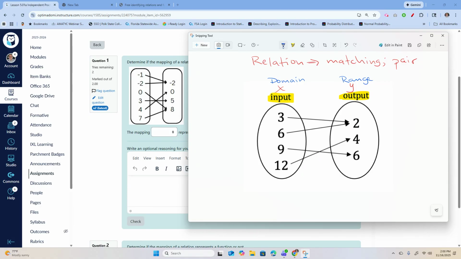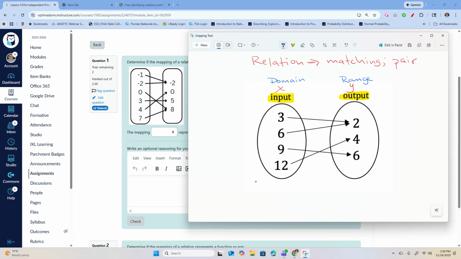And basically, I'm going to pair a number from the X group or the input group with one number of the output group or the Y. And that's why you see those lines. See, I'm pairing the 3 with the 2, the 6 with the 2, the 9 with the 6, and the 12 with the 4. See, that's what those lines mean. I'm matching a number from the input with a number from the output.